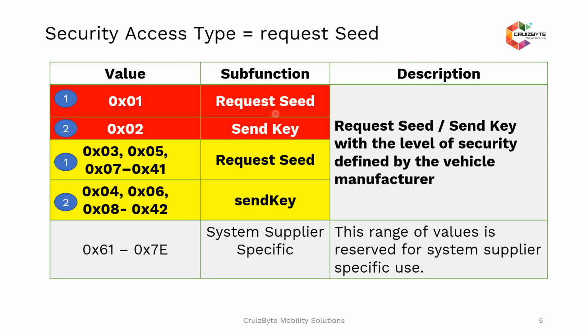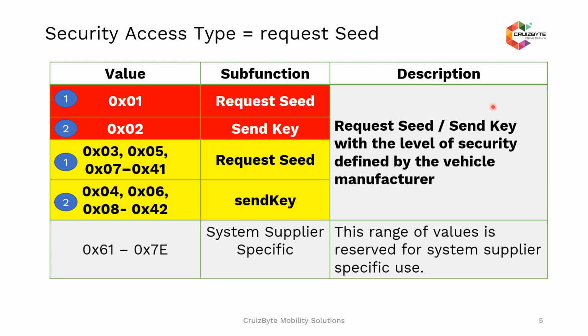So assuming that 01 is entry level security, and 03, 05, 07 and so on might be a higher level of security within the ECU and map to different components or read write operations within the ECU. These are calibrated with the help of the OEM with the different variables inside the ECU based on the documentation provided by the tier ones.